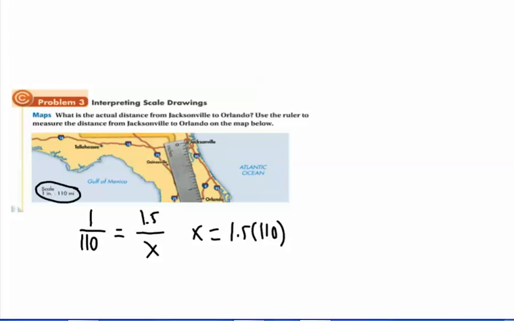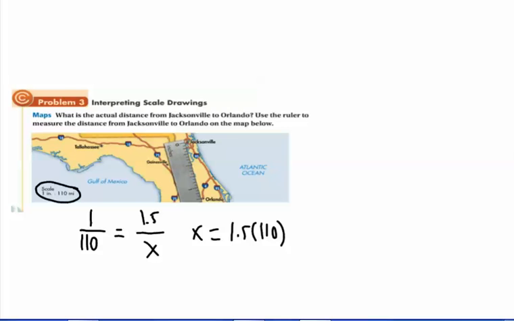And 1.5 times 110, what does that get you? Using your calculator, what did you get? I'm sorry, it's not 1.5.